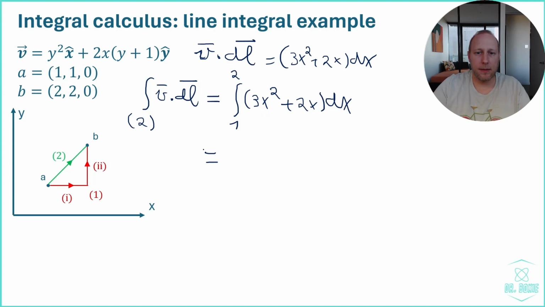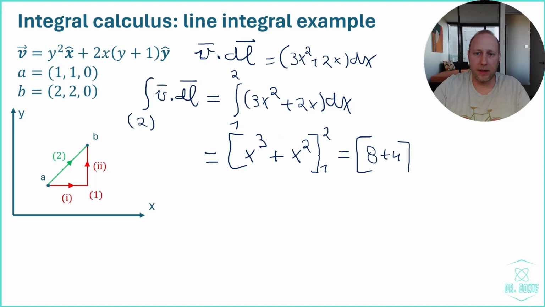And so we find the integral of 3x squared is x cubed, plus the integral of 2x is x squared, and this needs to be evaluated at 1 and at 2. And we find, evaluated at 2, it's 8 plus 4. Evaluated at 1, it's 1 plus 1. So we get 12 minus 2, which is 10. So this is the result of the line integral along path 2.